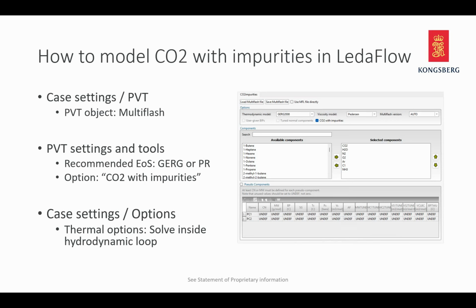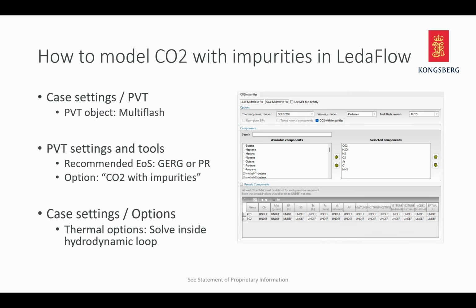And to set up a case for CO2 with impurities, it is very much similar. You also need to have a multi-flash PVT object. You will have, of course, a composition that has more than one component. We recommend you to use either Gerg or Peng-Robinson as the equation of state.